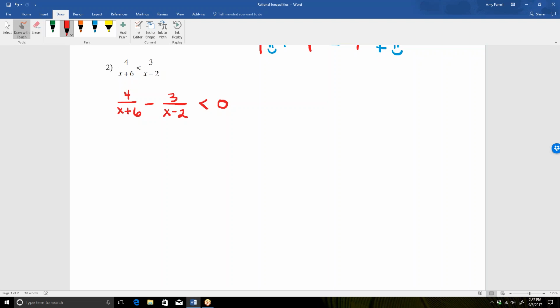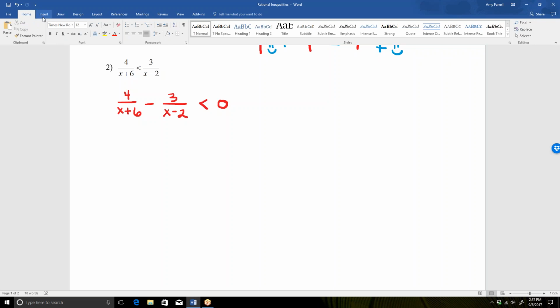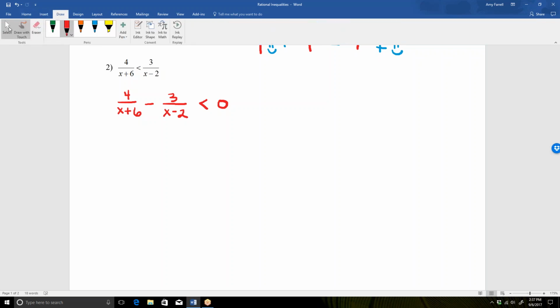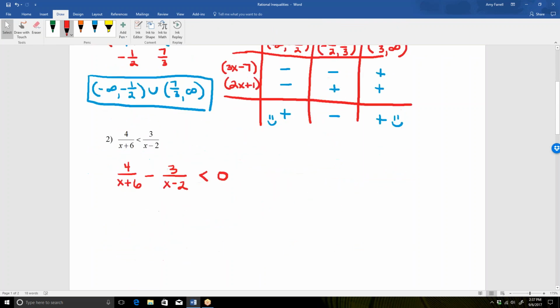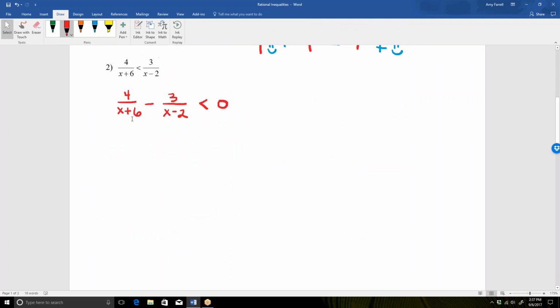Now I want to make the left-hand side of this inequality look like my last problem, where I just have a binomial over a binomial, or at least a rational expression. I need one polynomial on top and one polynomial on bottom. And right now I've got two rational expressions that are being subtracted.